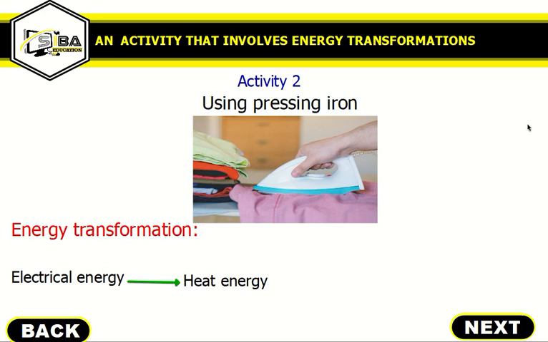So once the wire of the iron is connected to the current, we have what we call electrical energy. And then the electrical energy changes to heat energy, which makes it easier for us to iron our clothes. Don't forget, we use arrows to indicate the changing of the energy.